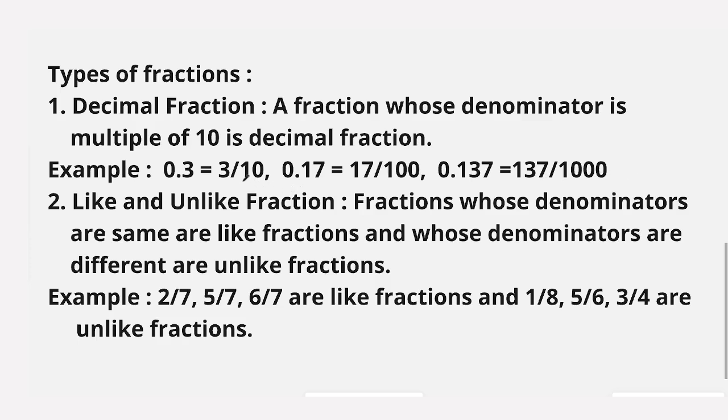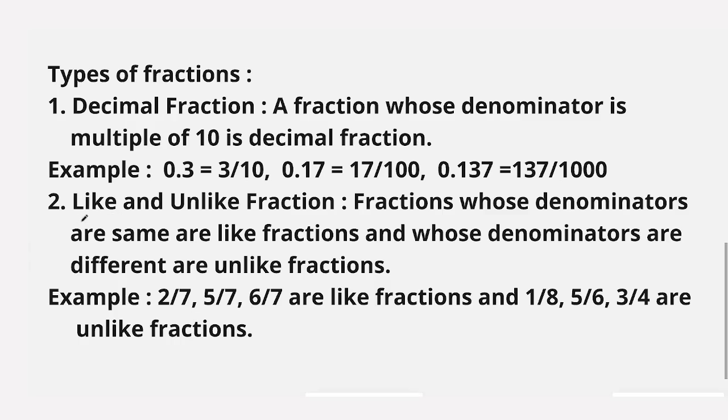Here the denominators 10, 100 or 1000 are multiples of 10. So these types of fractions, 3 upon 10, 17 upon 100 or 137 upon 1000, are decimal fractions.